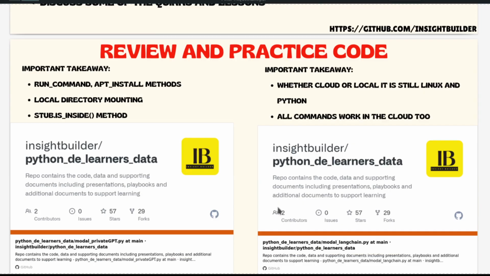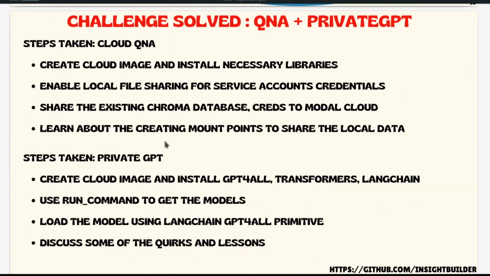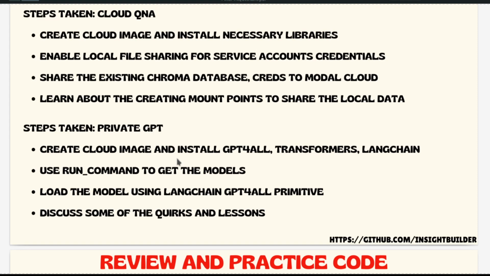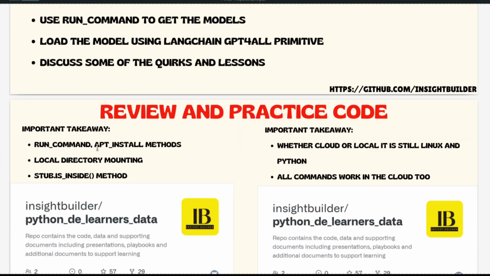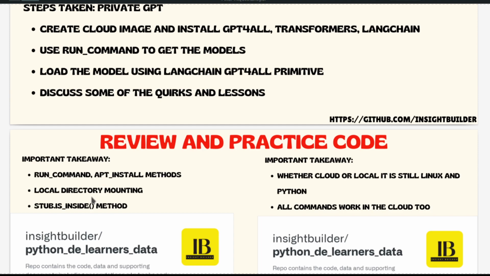So you see that by using the basic PrivateGPT model, that is the GPT4All model, I was able to explain a couple of things regarding the run command, the apt install method, the stub, etc. Next, we are going to see how to load the data that is inside your local hard disk and map it with the cloud instance, the cloud Debian Slim instance that I was talking about.